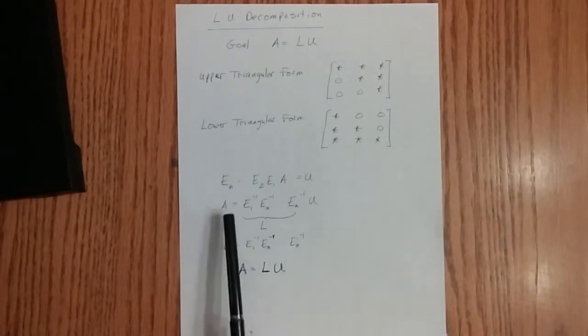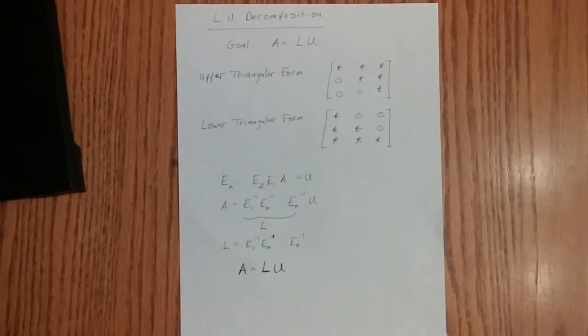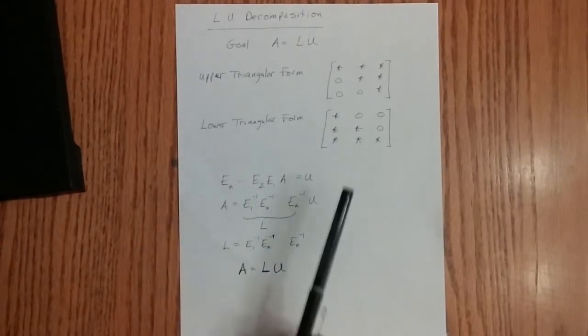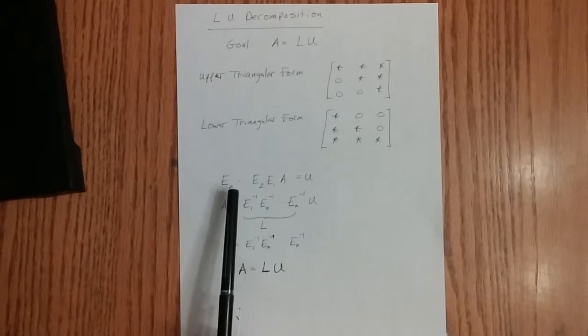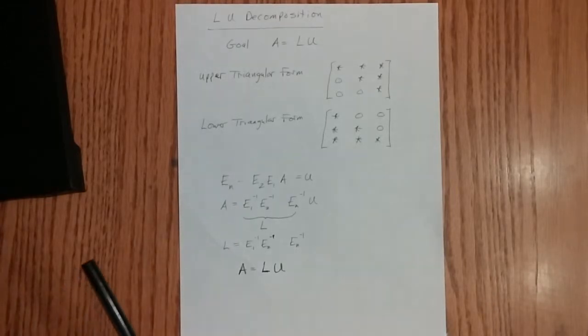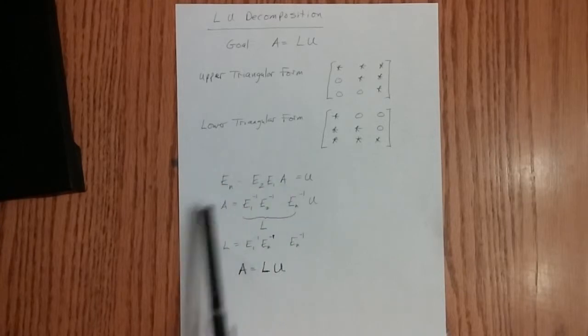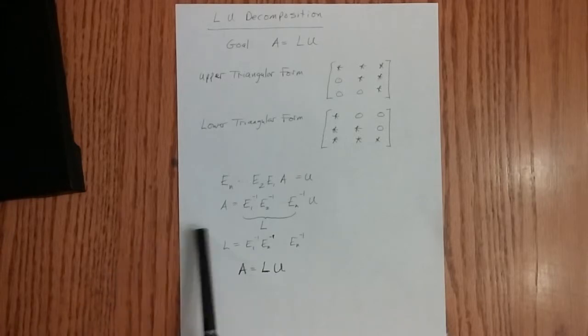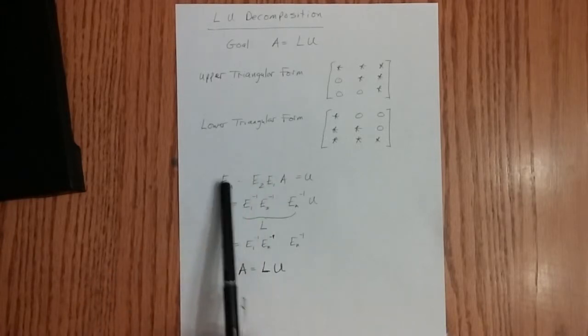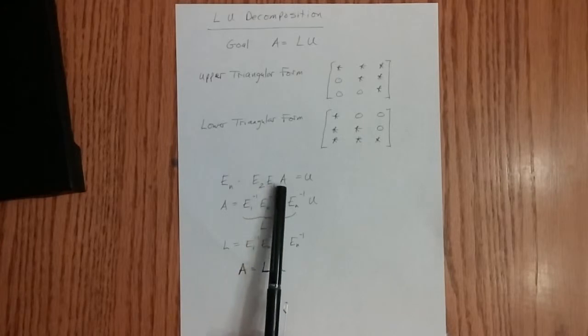So this is the reasoning behind what we're doing. We can multiply each side by the identity matrix without changing the solution. So we're going to break the solution up into these elemental matrices, and they're going to be multiplied on the A side.